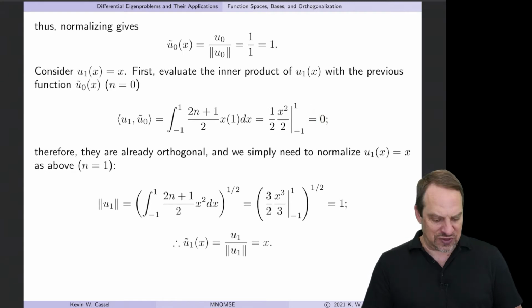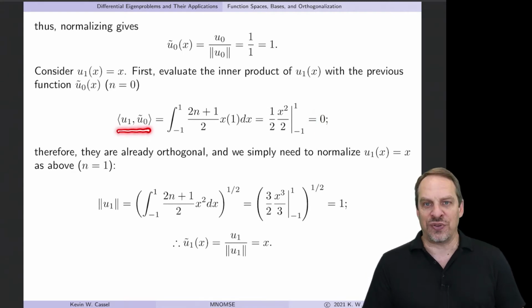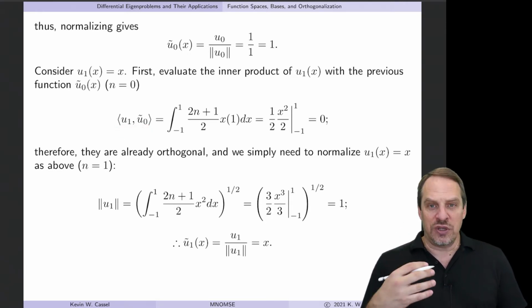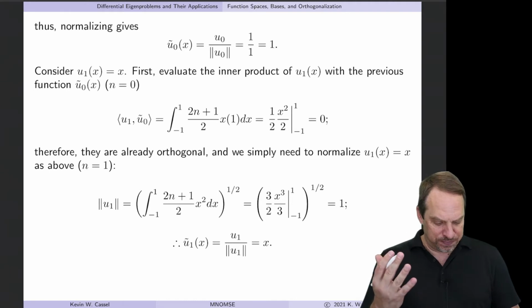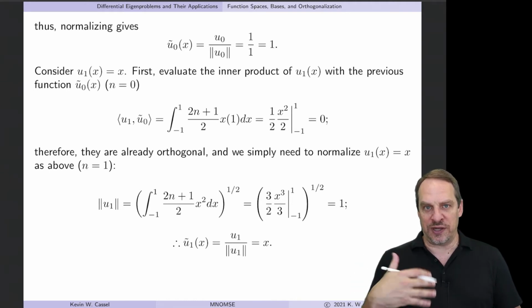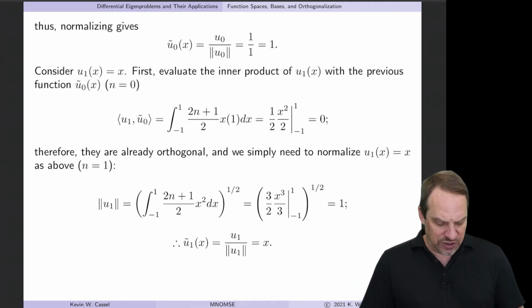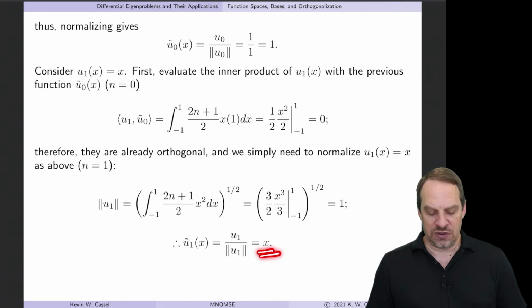So what that means is that u1 is already orthogonal to u0 tilde. So I don't have to do anything to make it orthogonal. They're already orthogonal. So all I have to do with u1 is normalize it as we did with u0. So I evaluate the norm of u1, which turns out to be 1, divide by that norm, so I get u1 tilde is equal to x.